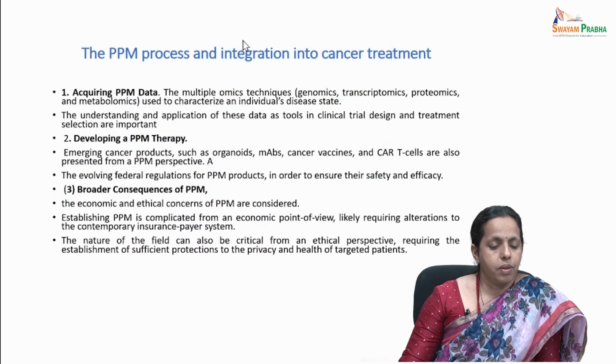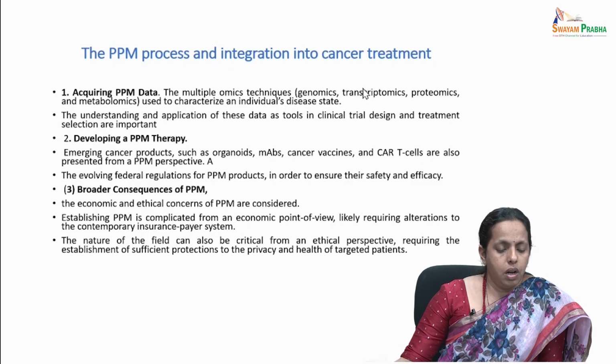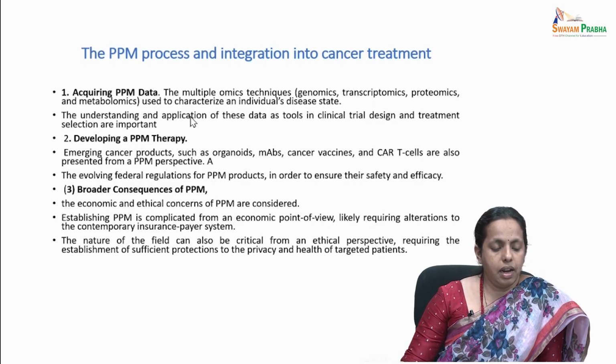clinical trials. The PPM model's first step is acquiring your data, as we have discussed, using all these tools, and then characterizing the initial individual's disease state, and then understanding and applying tools in clinical trial design and treatment selection, which are important.